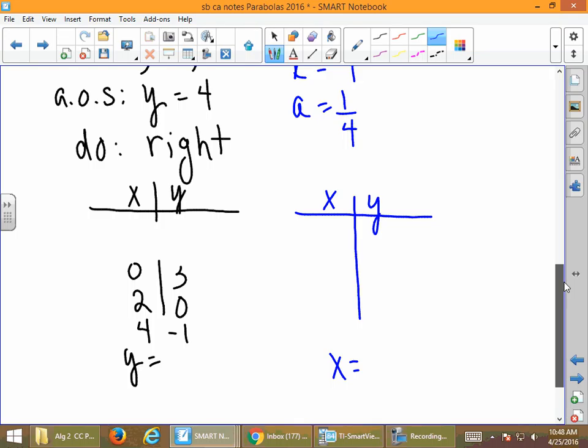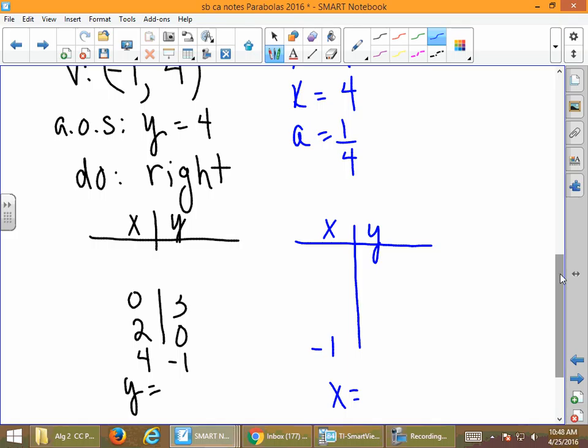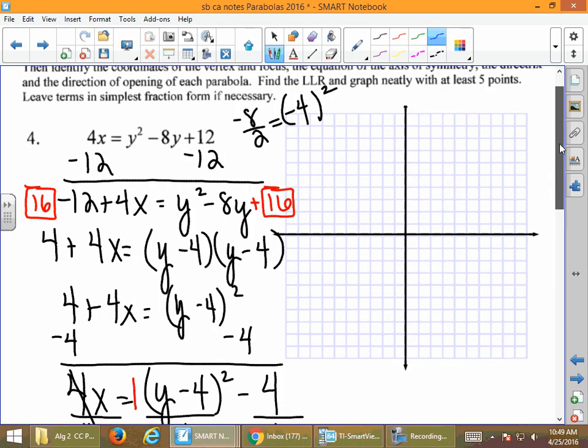Right, the 4, negative 1 would be our negative 1, 4. And our 2, 0 would be 0, 2. And our 0, 3 would be 3, 0. Let's see if that's enough. When we go and draw our picture, we're going to use the blue table to draw our picture.